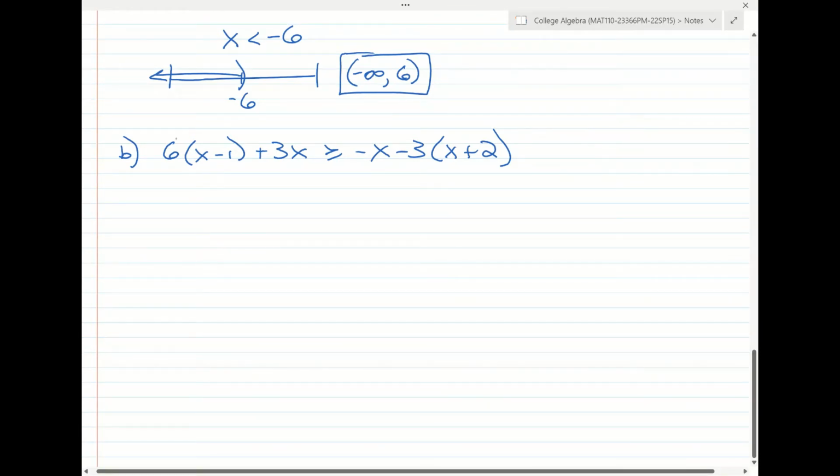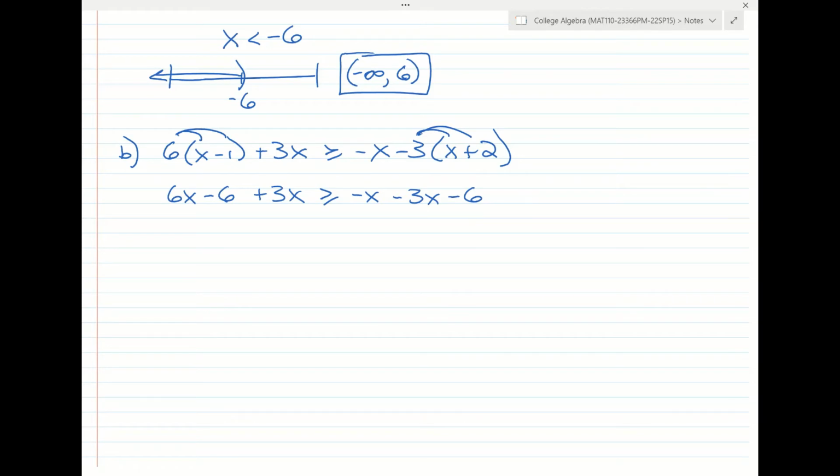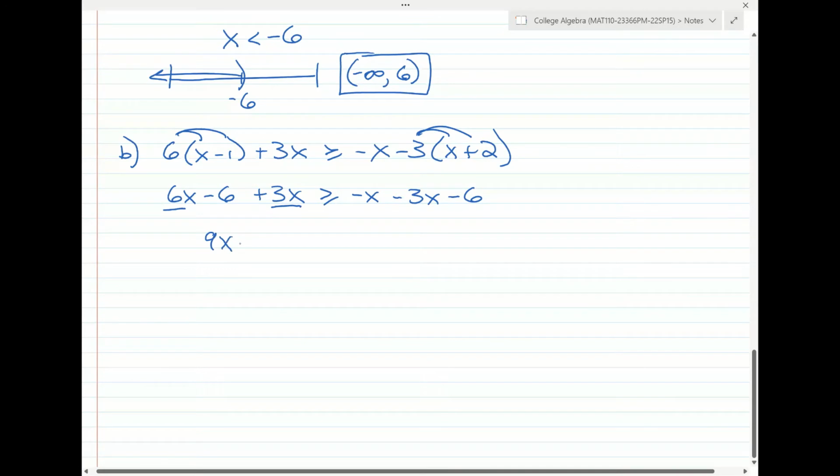So I'm going to multiply this in here. It'd be 6x minus 6 plus 3x. We talked about distribution in our first class together. We'll multiply with the -3, so -3x minus 6. Combining like terms would give us 9x minus 6 is greater than or equal to -4x minus 6.